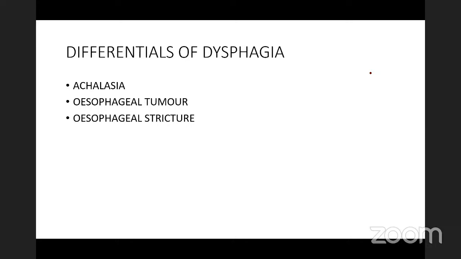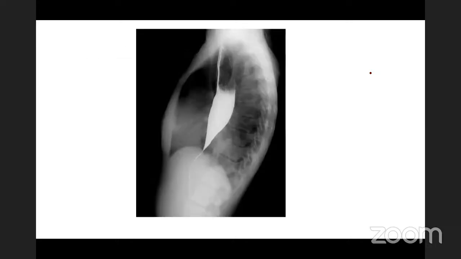A patient with esophageal tumor usually has a progressive dysphagia over a short time, while a patient with achalasia will have intermittent dysphagia over a longer duration of time.